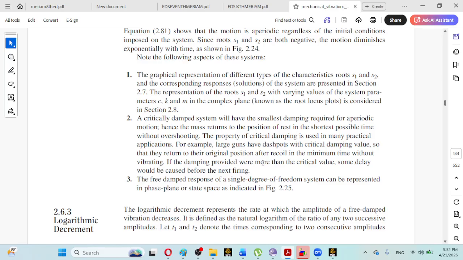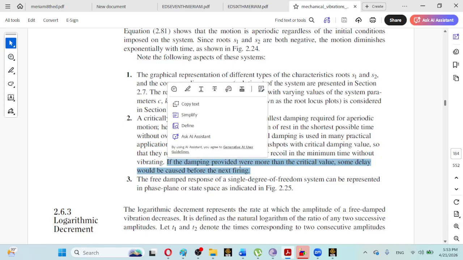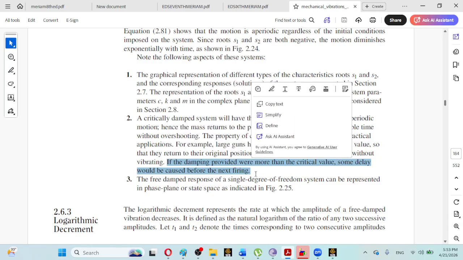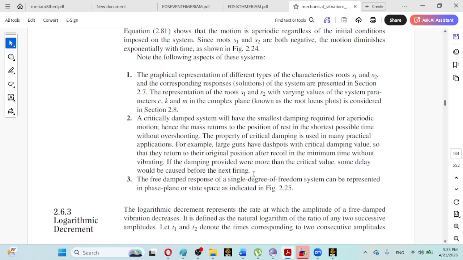If the damping provided were more than the critical value, for example overdamped, where the ratio is greater than 1, some delay would be caused before the next firing. Because that is a very important process, the critical damping system is used, not the overdamped system.